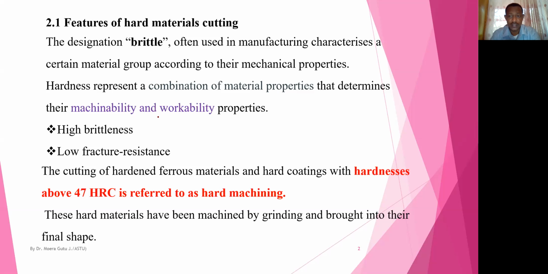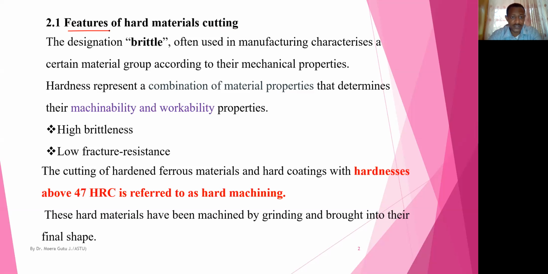The students will know how to machine hard materials with conventional and non-conventional machining also. In this chapter, we will see the features of hard material cutting. What are the features or the properties of hard materials?